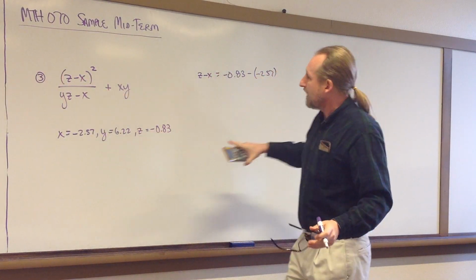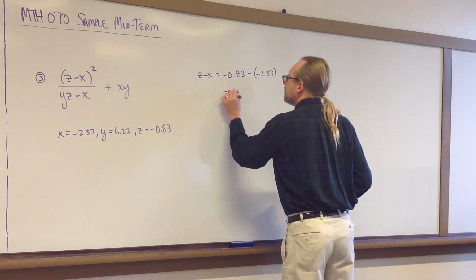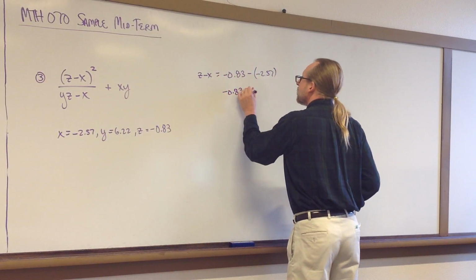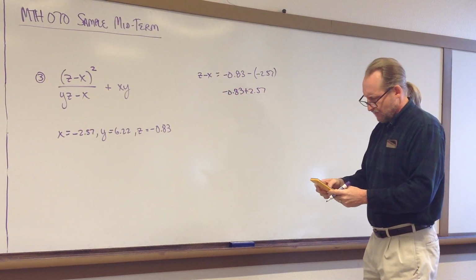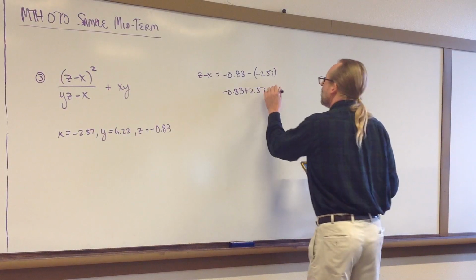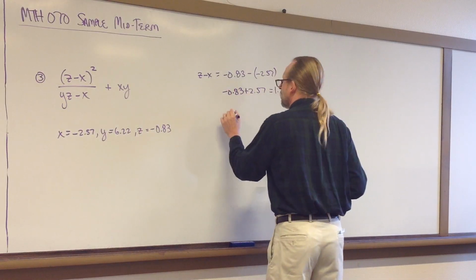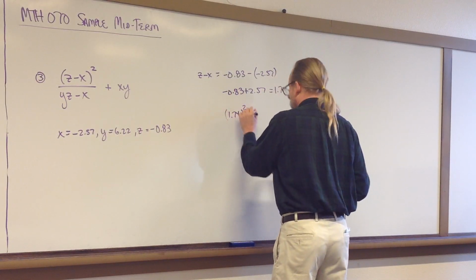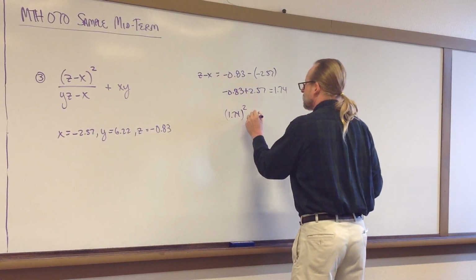This minus sign right here comes from the value of x. And so this is going to end up being negative 0.83 plus 2.57, and that's going to give us 1.74. And so then if we square that, we get 3.0276.